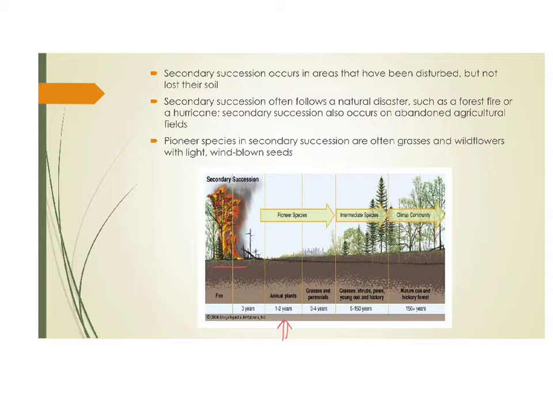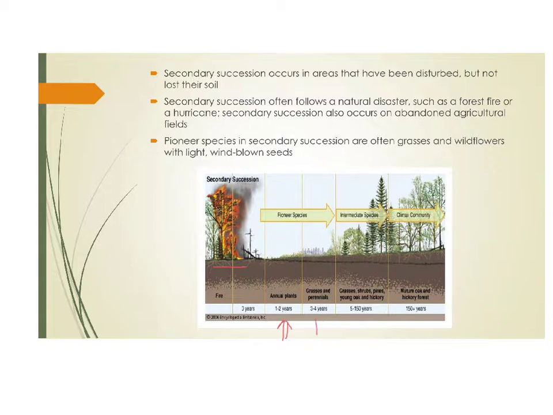And as they live and die, they return some of the nutrients that may have been destroyed or damaged or left the ecosystem. Forest fires tend to scorch that, and when the earth gets very dry, wind can come in and pick that soil up and blow it away. So annual plants with their living and dying cycles can enrich that soil again. And again, annual plants tend to have windborne seeds as well.